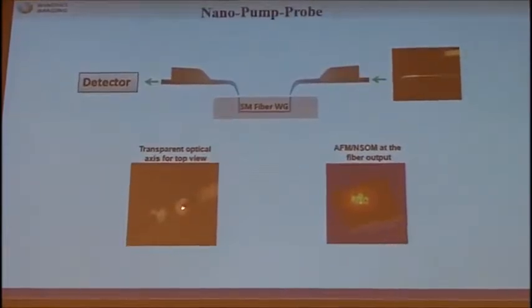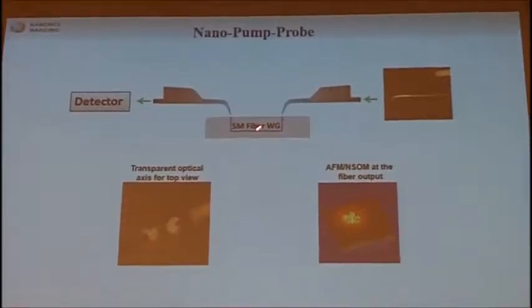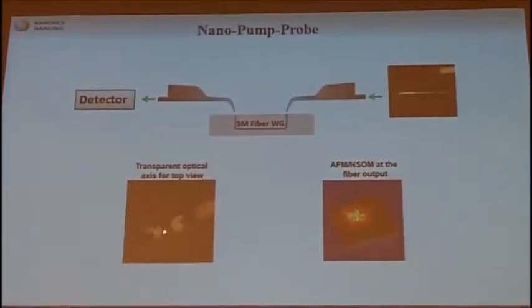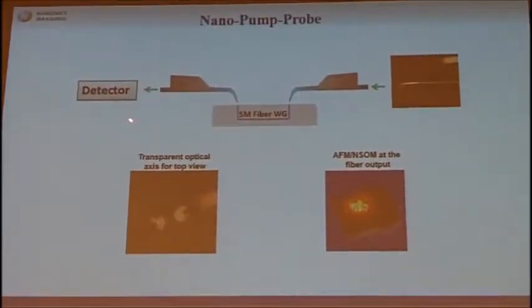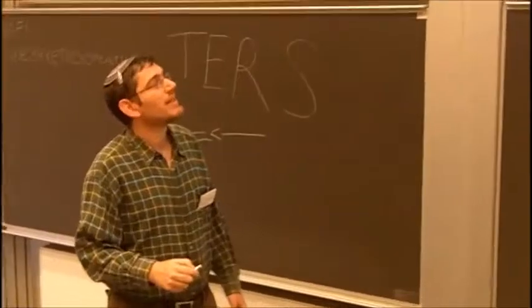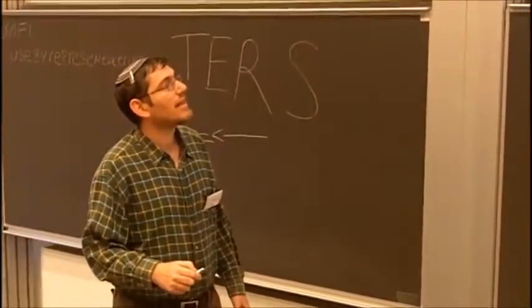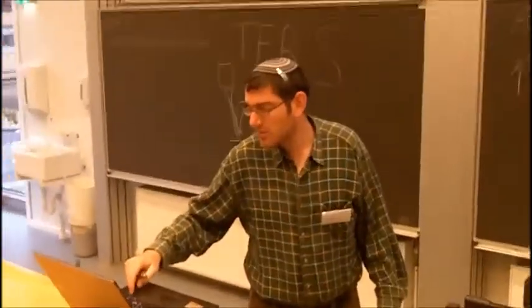So we have the light going in through here, light coming out of the waveguide, and we're using this second probe to collect the light, and it's going into a detector. And here we have an AFM image with the NSOM image on top of it together. So that's another application of using two probes.